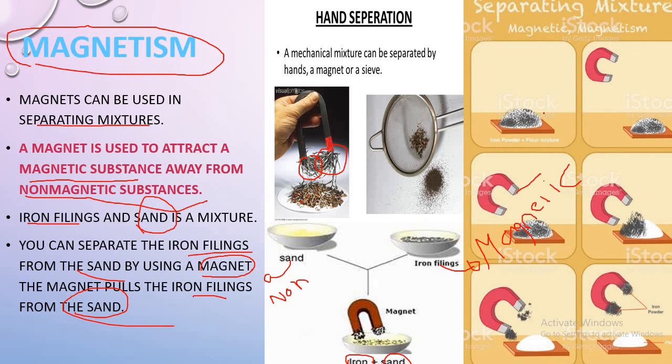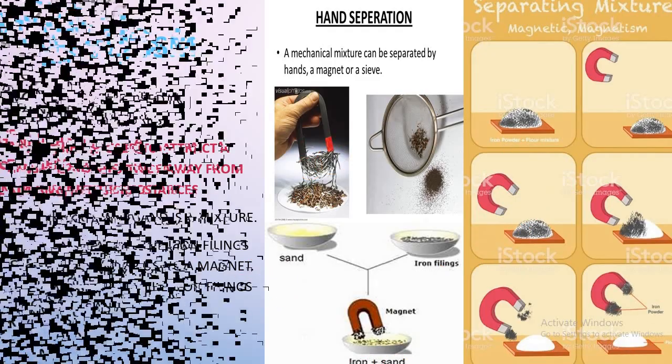Here, look, iron powder plus flour. Flour is non-magnetic. Iron is magnetic and can be attracted by a magnet. So the magnet attracts the iron powder or iron filings and leaves the flour powder.